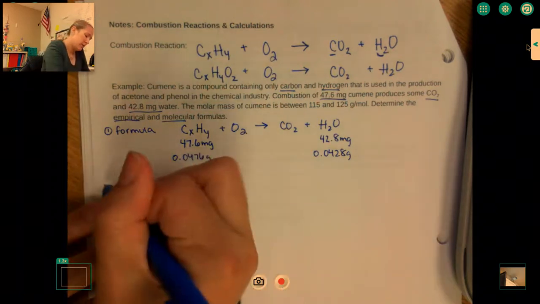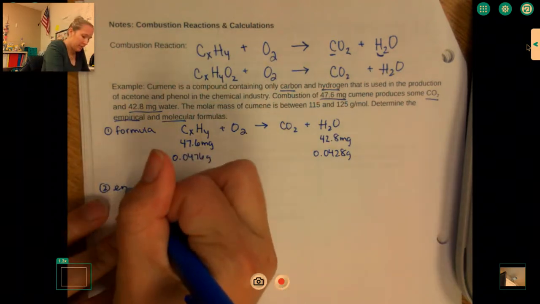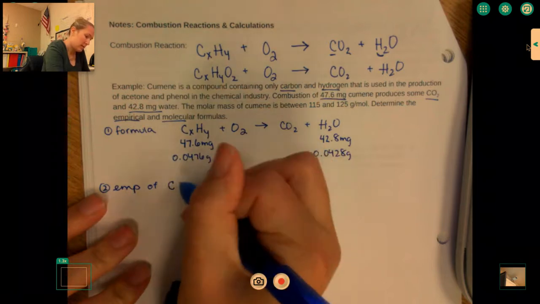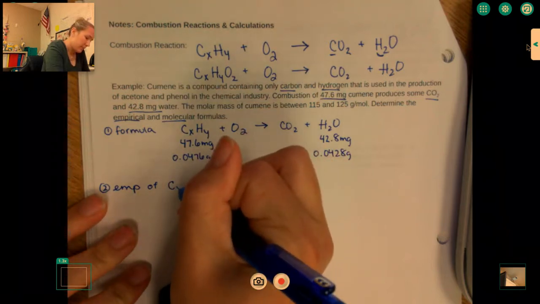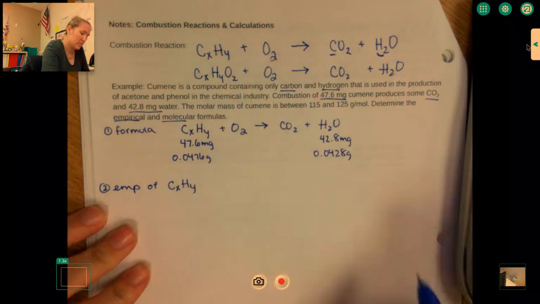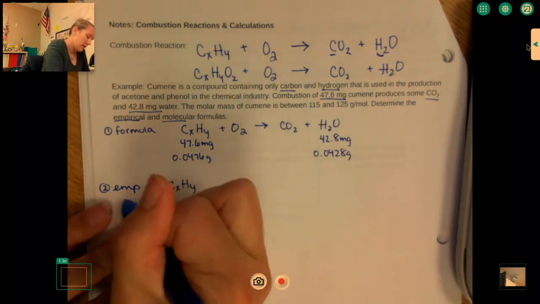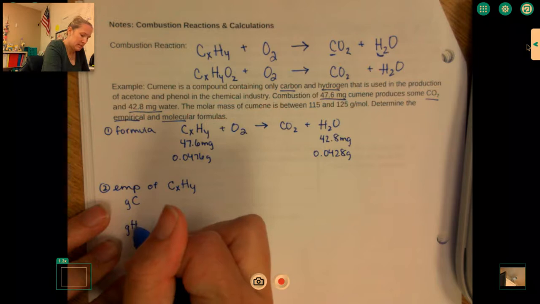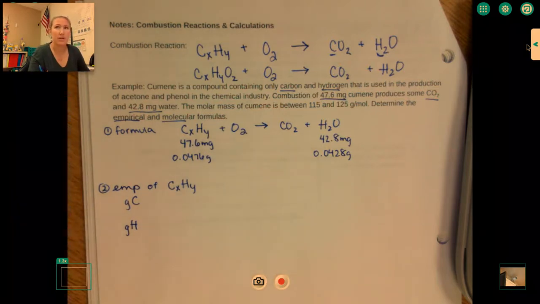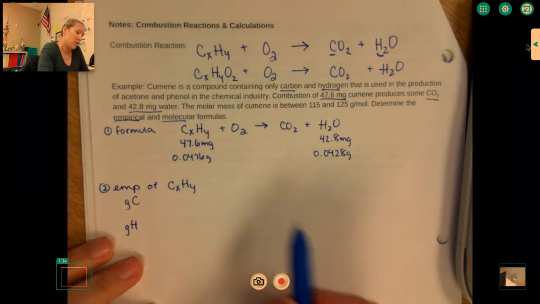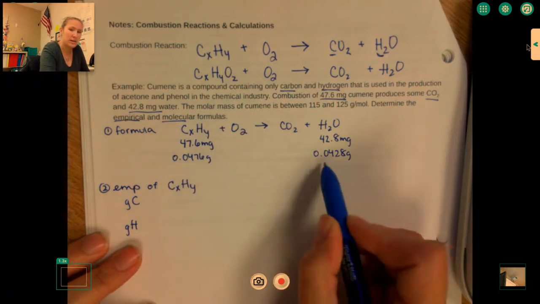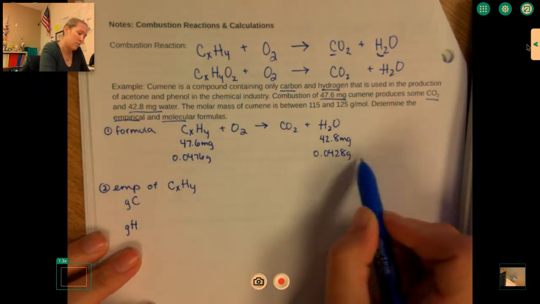So I need to then figure out my empirical formula of my cumini, CxHy. That means I need to figure out my grams of carbon and my grams of hydrogen. I need to figure out both of those. Well, I know that all of the hydrogen from my original formula has come out in my water.